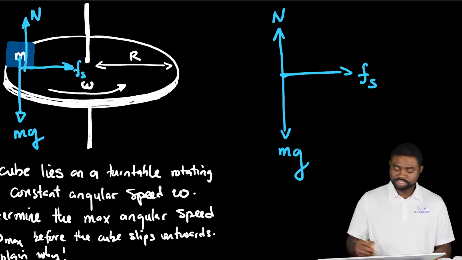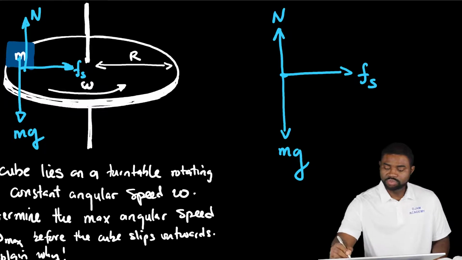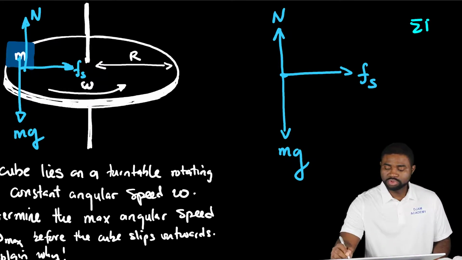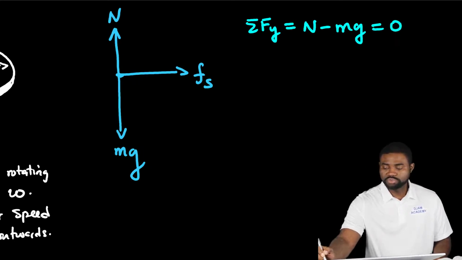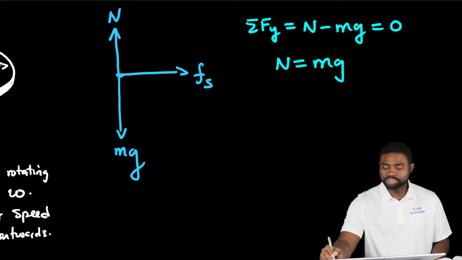So by definition, we know that the sum of all forces in the y direction is equal to N minus mg, which will be equal to 0. So N is equal to mg.